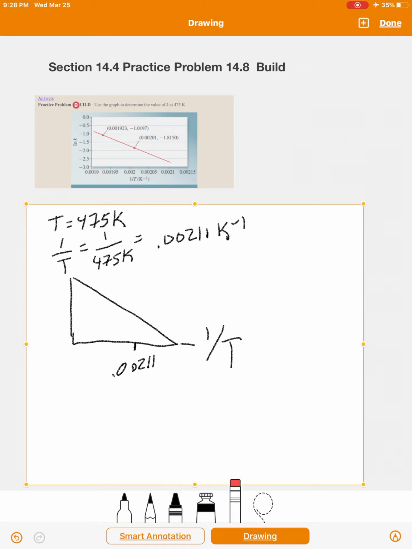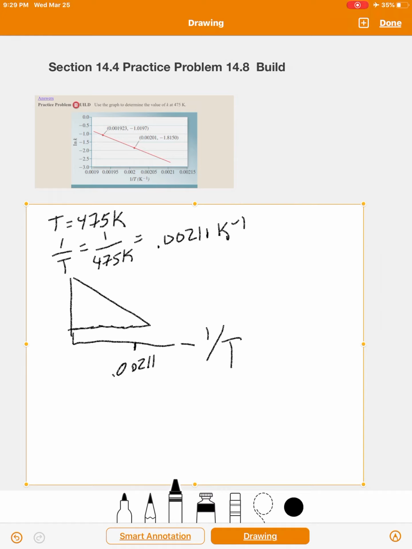The graph pretty much stops a little bit after the 0.0021. And so what you do is you read across horizontally to the y-axis, and you see where that is.